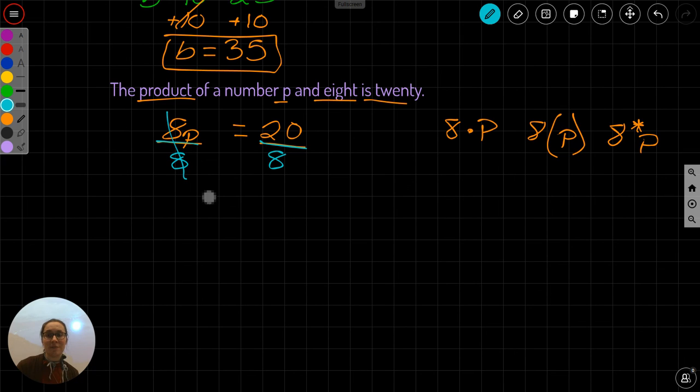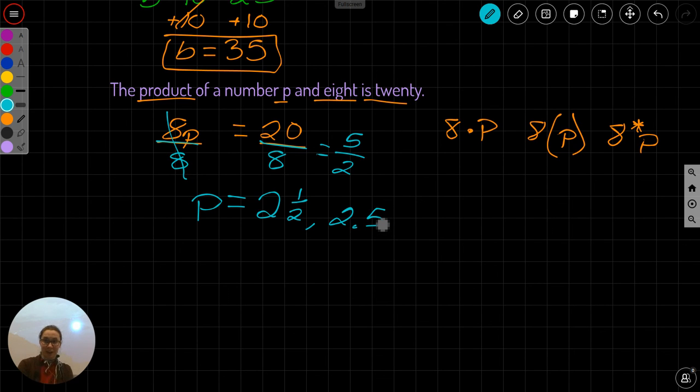These 8's cancel, leaving me with just p on this side, which equals 20 divided by 8. Let's divide them both by 4. That gives me 5 over 2, which I know equals 2 1/2, or 2.5 if you used a calculator for 20 divided by 8.